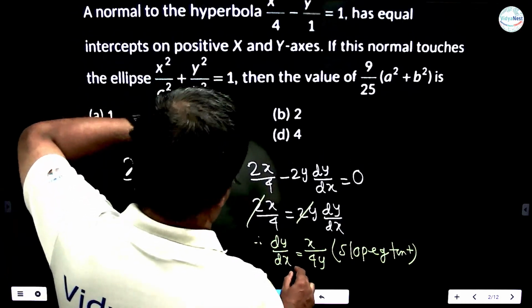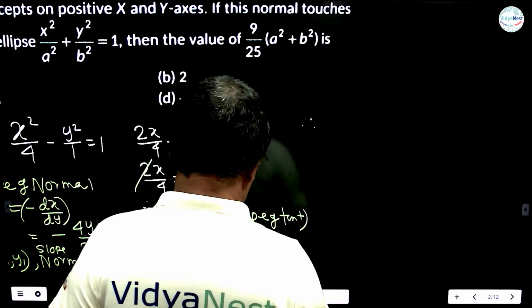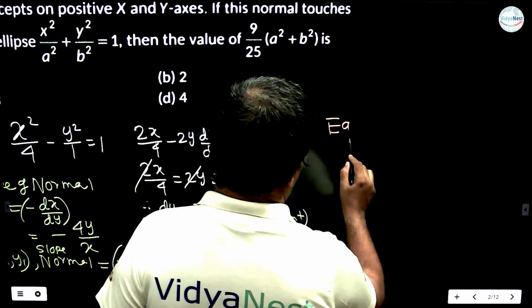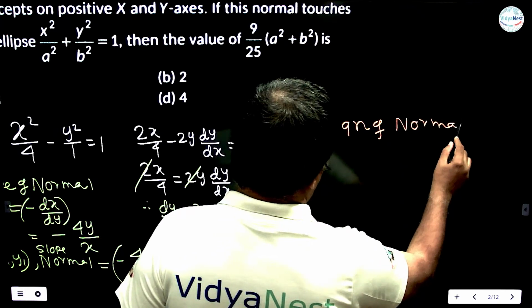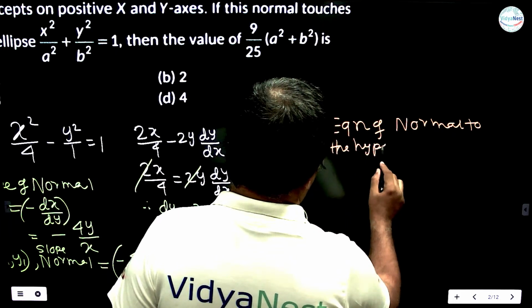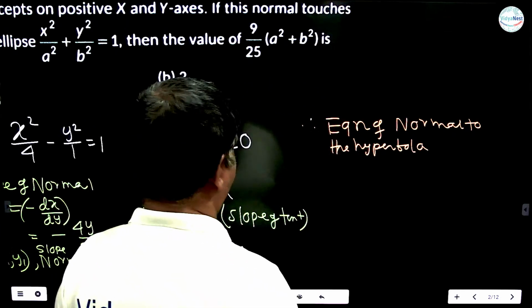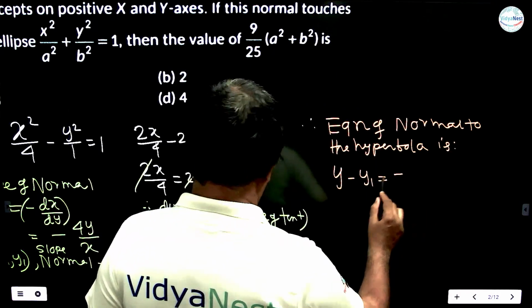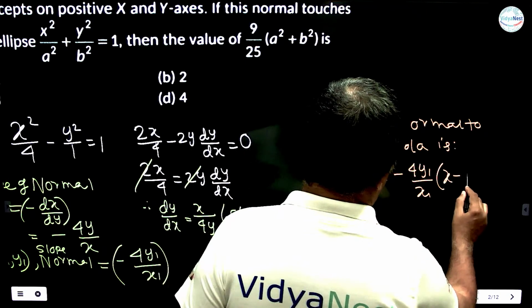See, that is the curve. So the equation of the normal to the hyperbola is y minus y1 equals minus 4y1 by x1 times x minus x1.